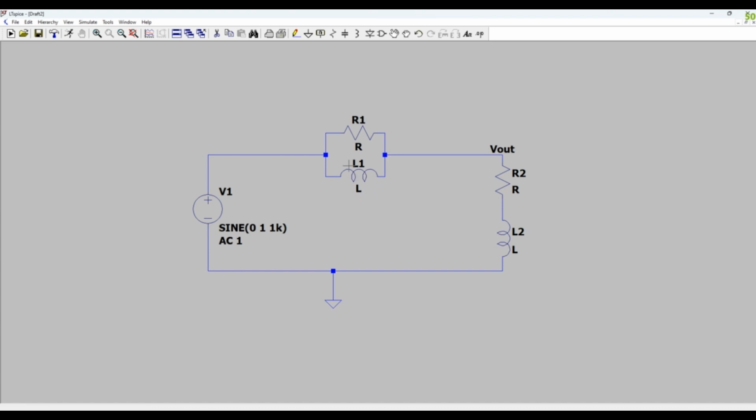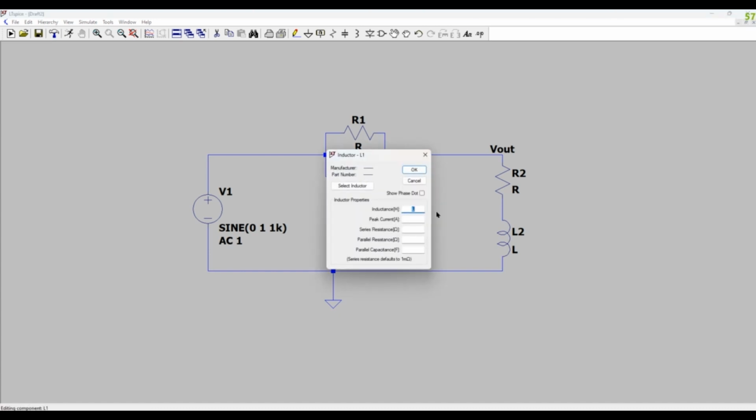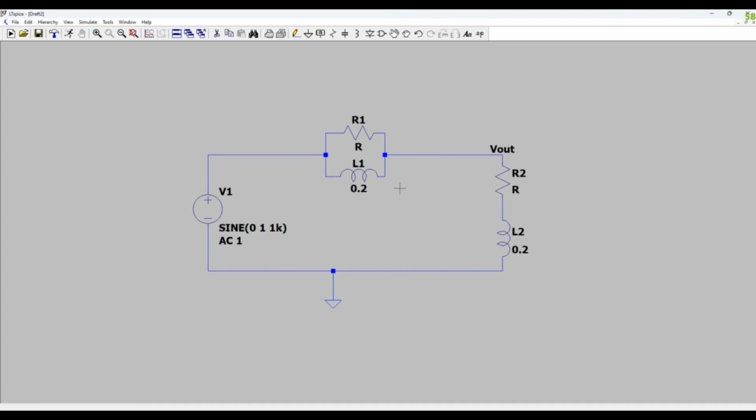And for our inductors, before that we got 0.2 for both of them. And for the resistor, we got 12566.37 ohm, and for this resistor we got 1256.64.